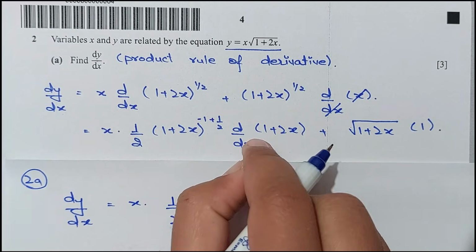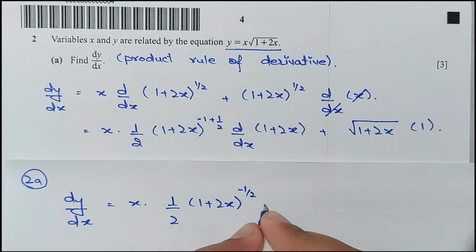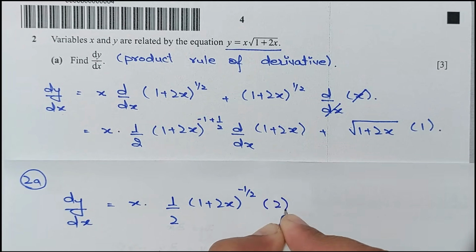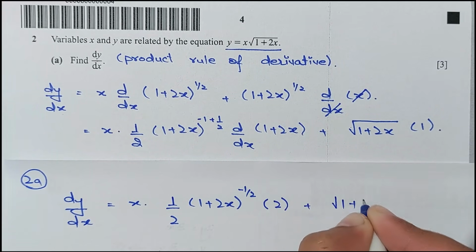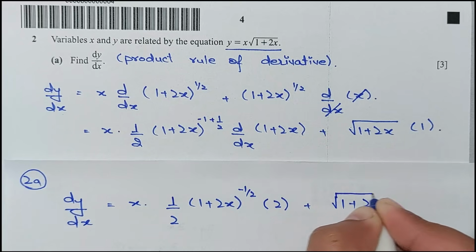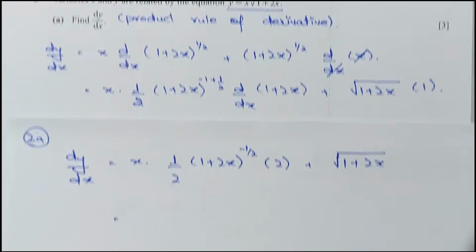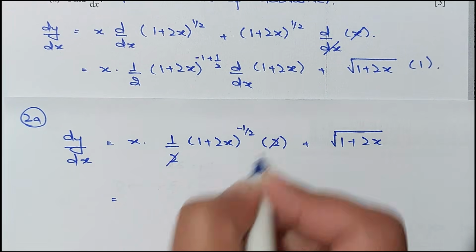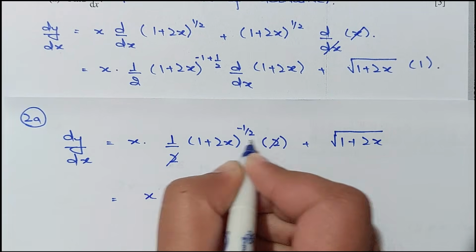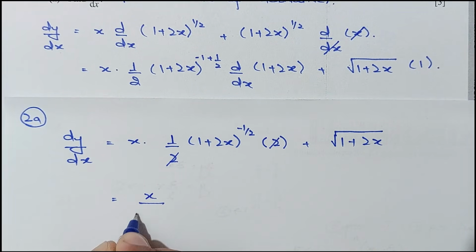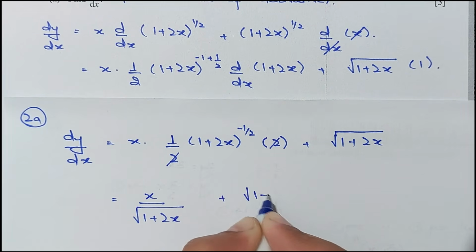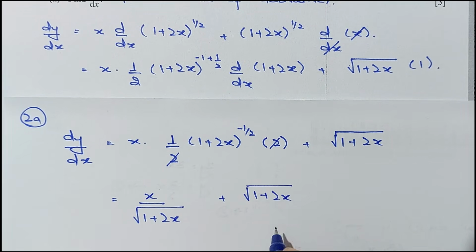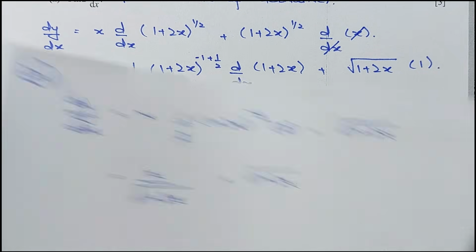The base function derivative: the derivative of 1 is 0, of 2x is just 2, plus square root of 1 plus 2x. For further simplification, 2 is cancelled with this 2, and the power is shifting to the denominator, so x over square root of 1 plus 2x, plus square root of 1 plus 2x. All right, so that is the derivative of the function.